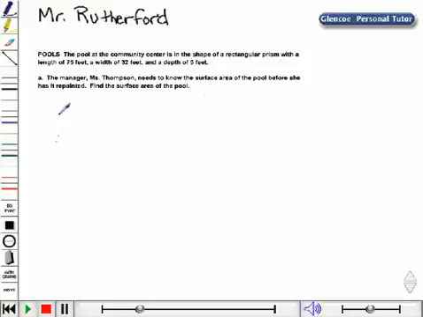So I'm going to set this up into 3 different areas. Our area 1 will be equal to our length, which is 75 feet, times our depth, which is 5. That is equal to 375 square feet.